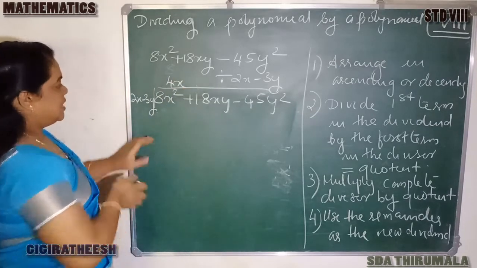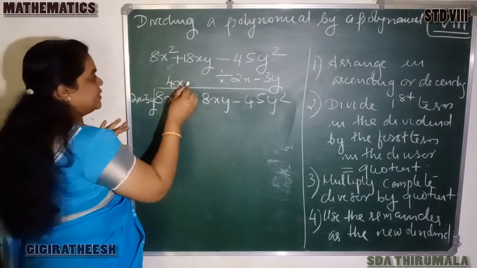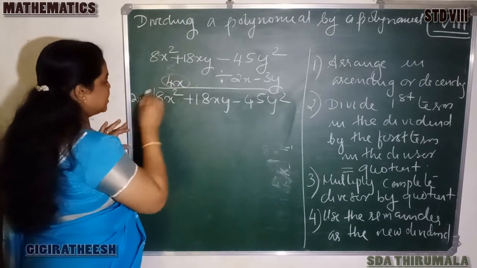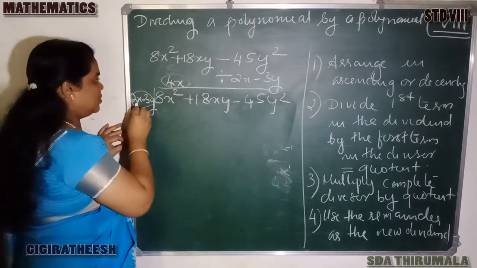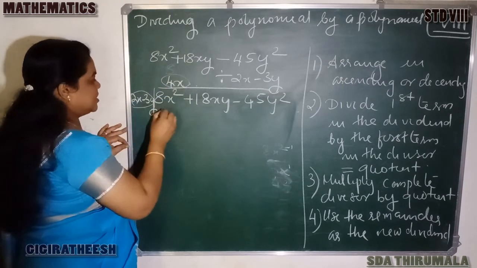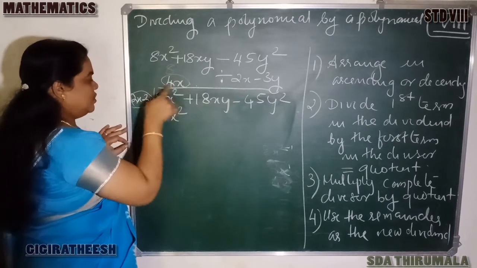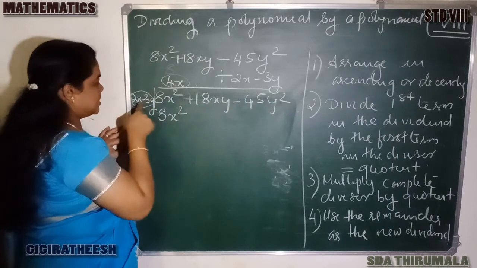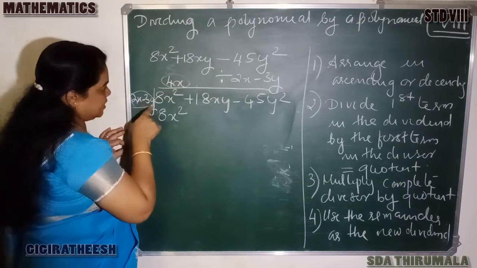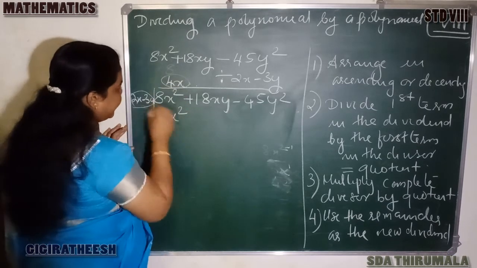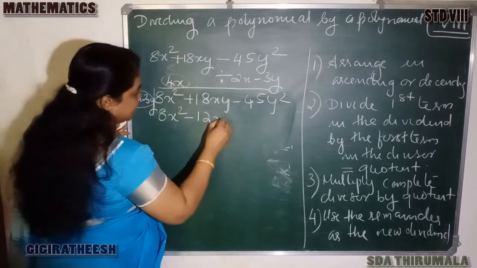After that, multiply this 4x with the whole divisor. 4x into 2x is equal to 8x square, since 4 into 2 is 8 and x into x is x square. And after that, 4x into minus 3y is equal to 4 into minus 3, that is minus 12xy.